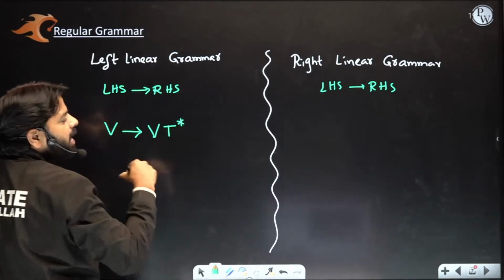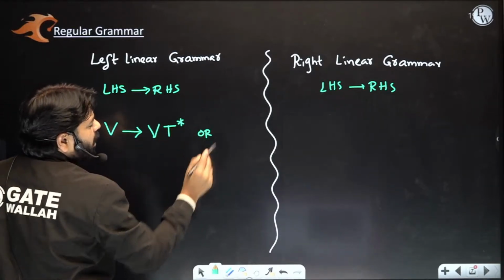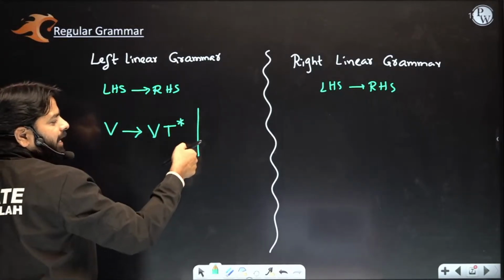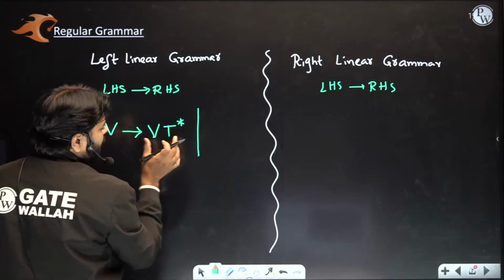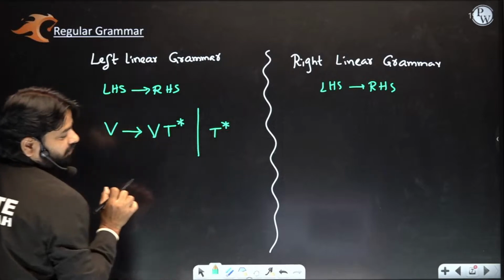T star means any sequence of terminals. Or you can write a bar or slash, which represents OR. So either you write this production or the production looks like this rule.